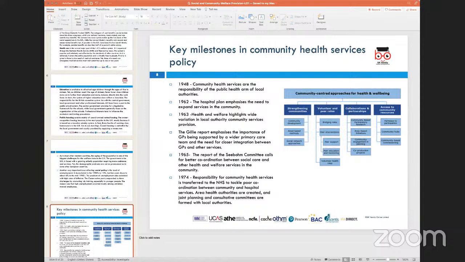Then in those cases, these were classified as what are called the other public services or personal services, which were supposed to be provided under this particular provision.